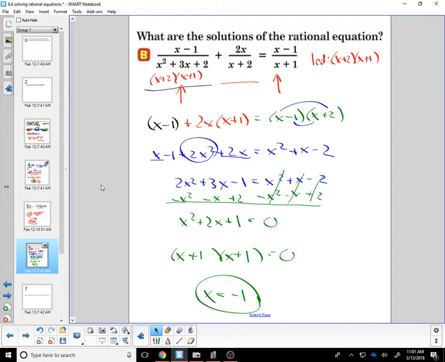Therefore, what is my solution? There isn't one. This has no solution, because negative 1 does not work. It would create, not discontinuity, well, yeah, I guess we could call it discontinuity, but it would become undefined, aka asymptote discontinuity. Nice job.